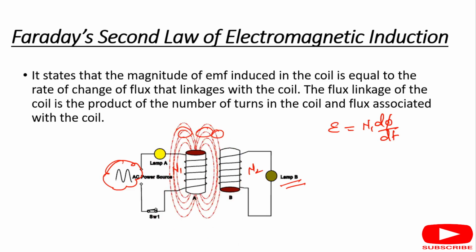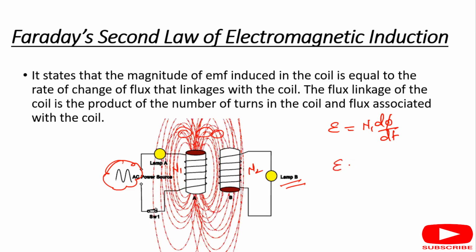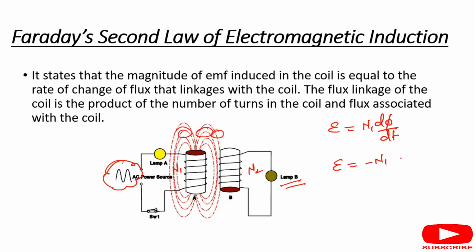Actually, the EMF induced in the coil is minus N1 d phi by dt. Why the minus sign? Because according to Lenz's law, the direction of the induced current will be such that the magnetic field created by the induced current opposes the initial changing magnetic field. In short, according to Lenz's law, the flux always opposes.